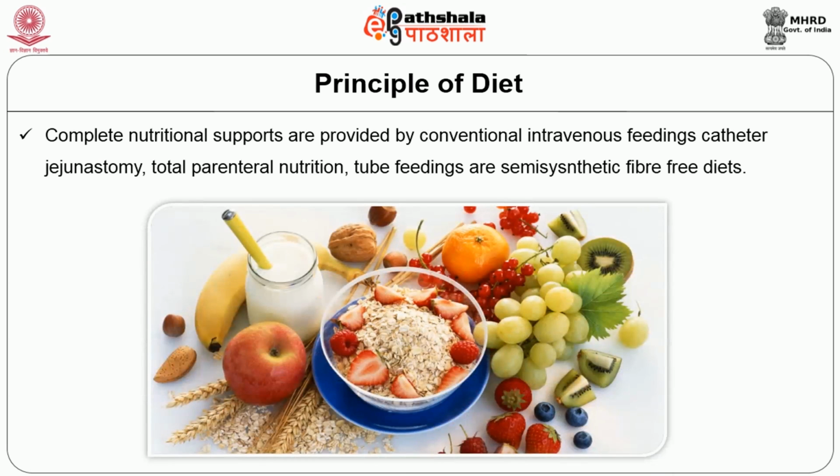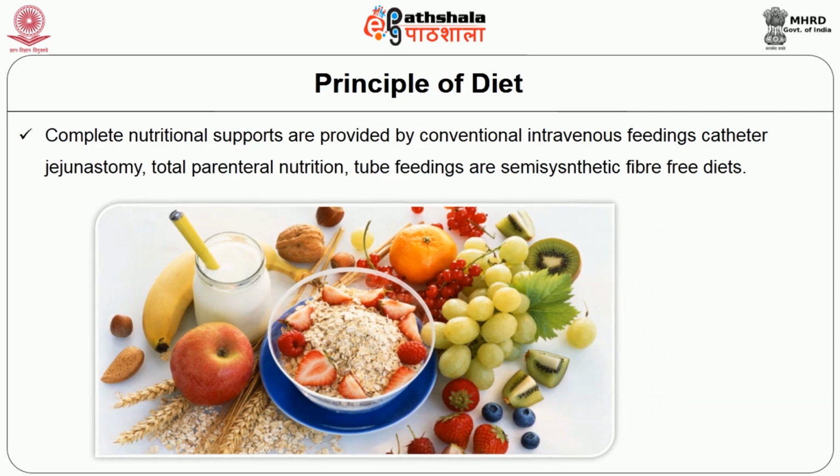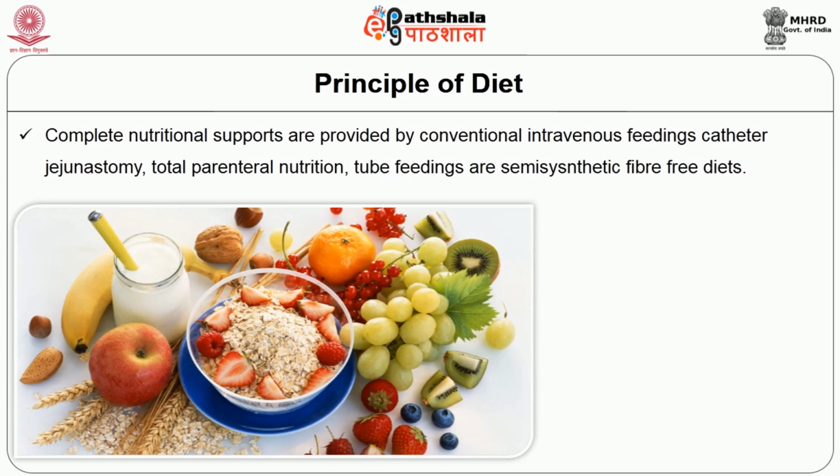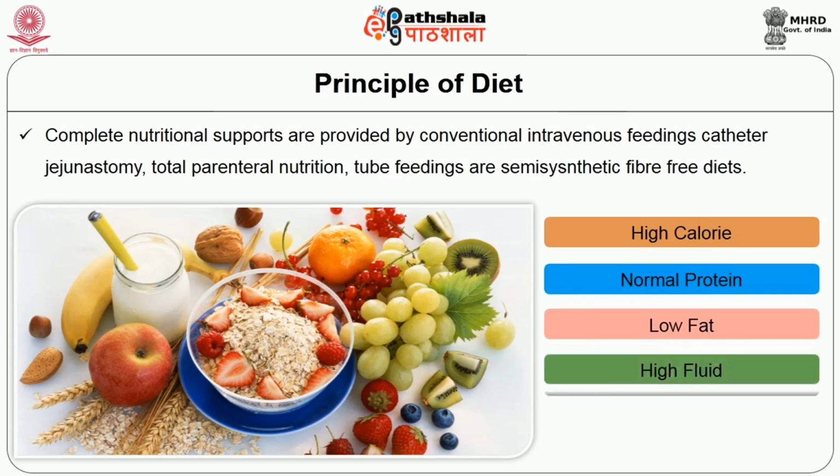Complete nutritional support is provided by conventional intravenous feedings, catheter jejunostomy, total parenteral nutrition, tube feedings or semi-synthetic fiber-free diets. After subsequent recovery, the diet is planned accordingly, and a high calorie, normal protein, low fat, high fluid, non-residual diet is usually prescribed.